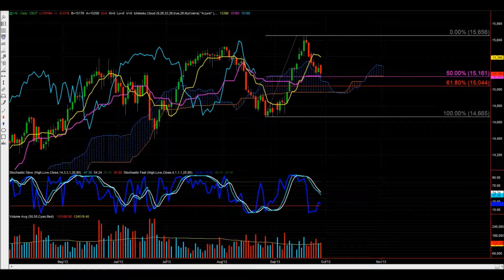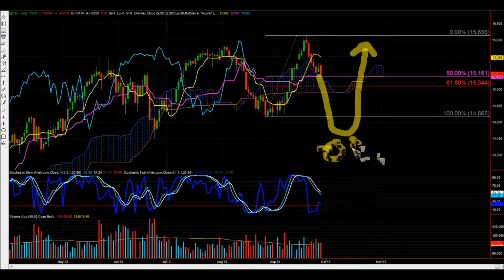So if we were to actually do this and then reestablish a move back up above the cloud, that would be really bullish. We have some seasonality coming into play where typically we should be bottoming somewhere in October.